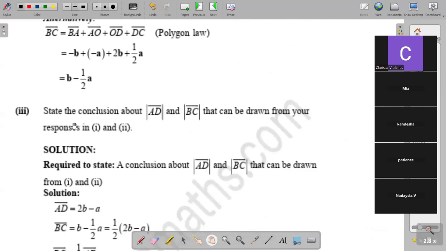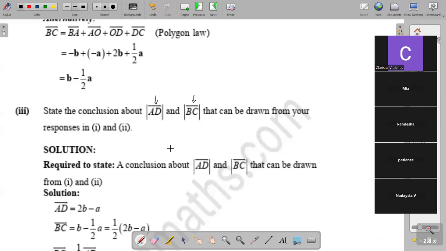So let's go. It says state the conclusion about. In vectors, this means something different than what it means in matrices. In matrices, these two lines mean determinant. And in vectors, these two lines mean size, like the size of the vector.